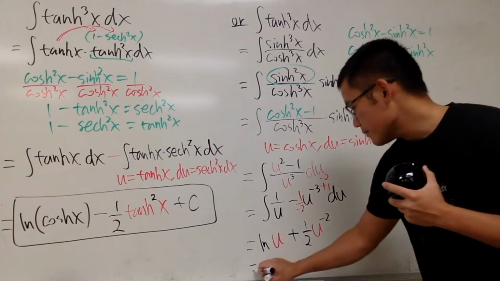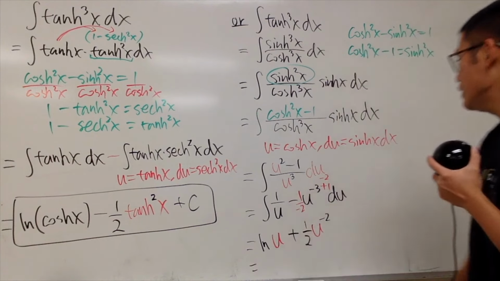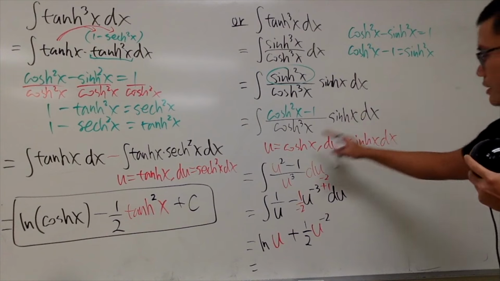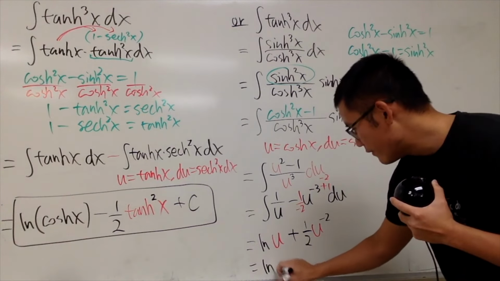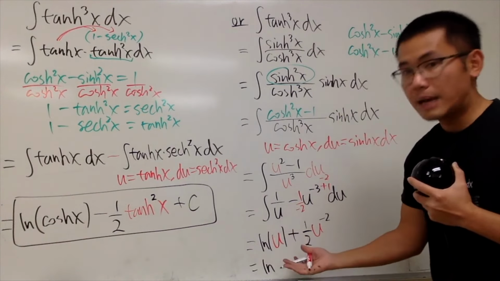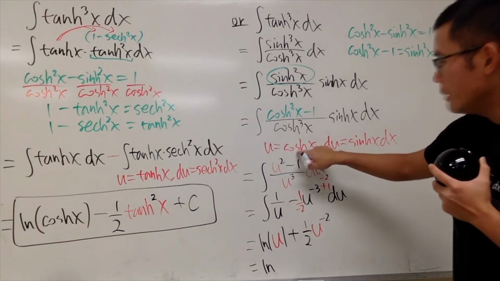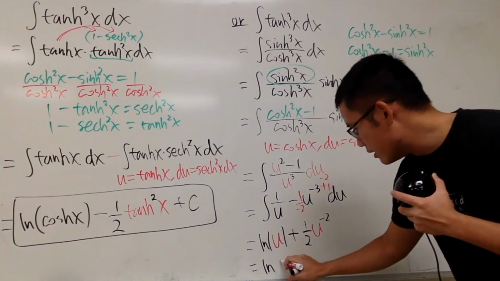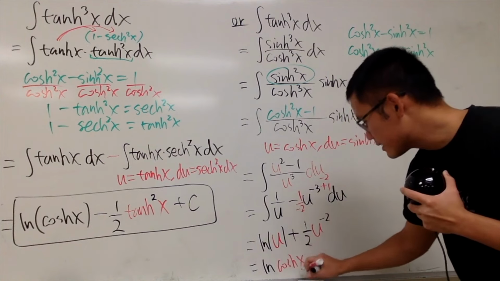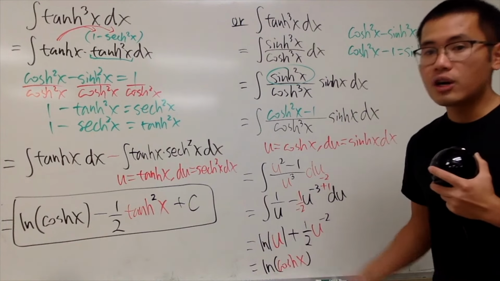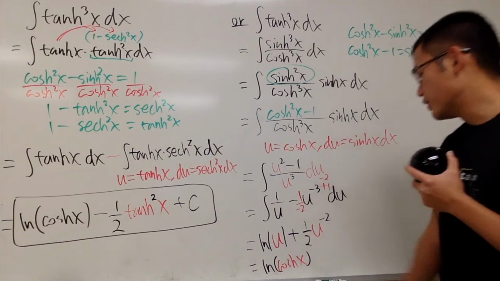Lastly, u is what? u is cosh. So for the first one, we have natural log, and earlier I put on absolute value, but after we know the input is cosh, I can put down just ln of cosh x with parentheses, because cosh x is always positive, so this is good.